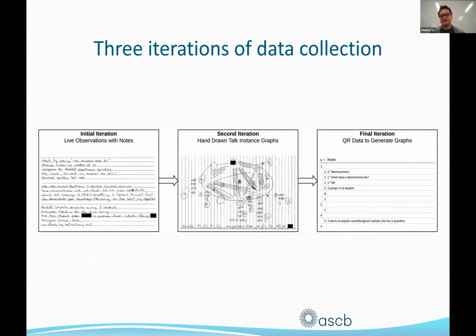Then that became drawing out the sequential order of turns, of which student is talking after whom. Then we combined those two iterations of data collection into one, where we can more systematically track who's talking after whom and also what's being said, and keep it in a format that allows us to do more mathematical and computational analysis.